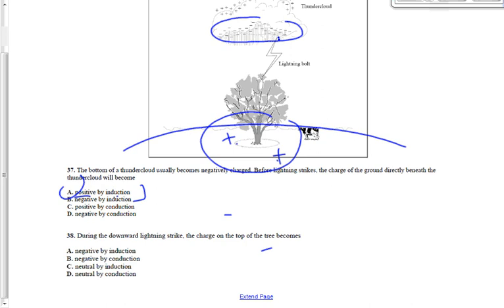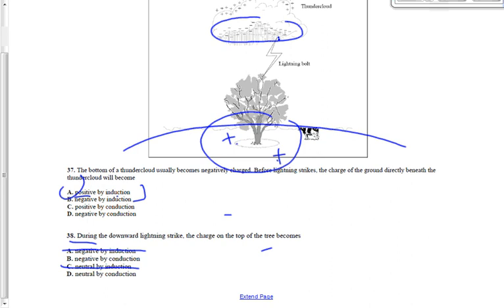38. During the downward lightning strike, the charge on the top of the tree becomes what? Well, let's ask ourselves, first of all, is it conduction or induction? During the lightning strike, electrons are being transferred from the cloud to the tree. That's conduction. Charge is transferred, that's conduction. That eliminates A and C right now.